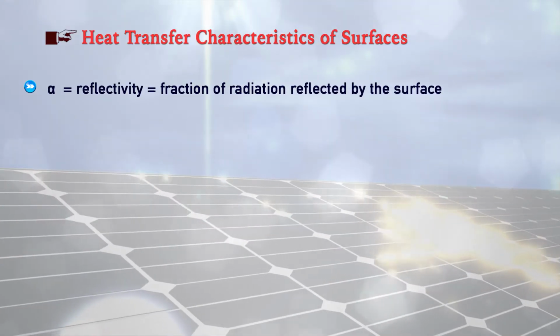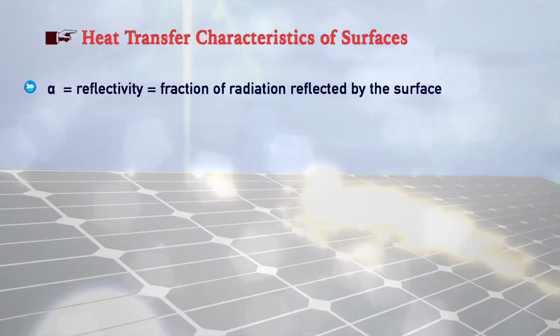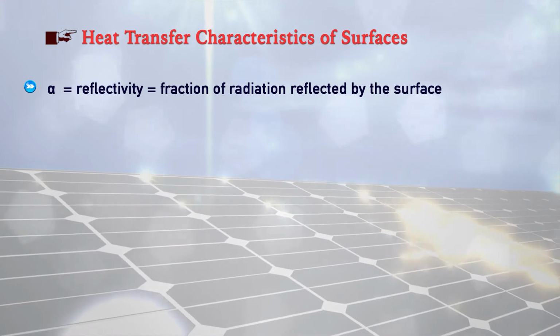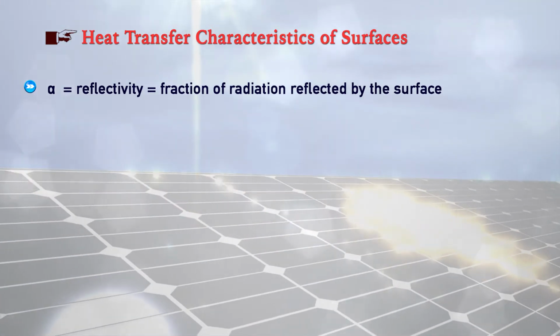The radiation characteristics of a surface are its ability to reflect, which is called reflectivity, its ability to absorb, which is called absorptivity, and its ability to transmit, which is called transmittivity. These are defined as follows. Rho is the reflectivity, the fraction of radiation reflected by the surface.